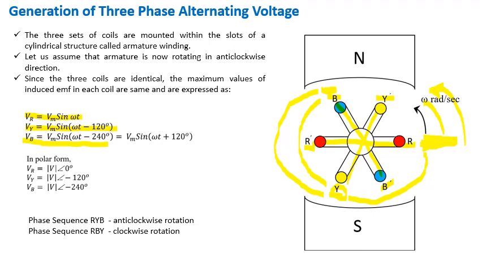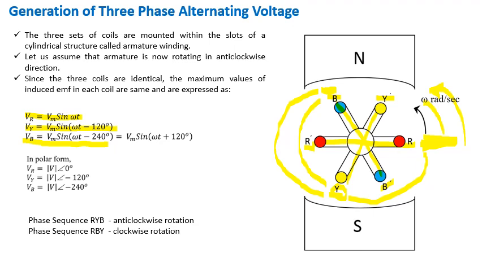In the polar form, where it is represented using magnitude as well as angle, the R phase voltage is represented by mod of V at an angle 0 degrees. The Y phase voltage is represented as mod of V at an angle minus 120 degrees.